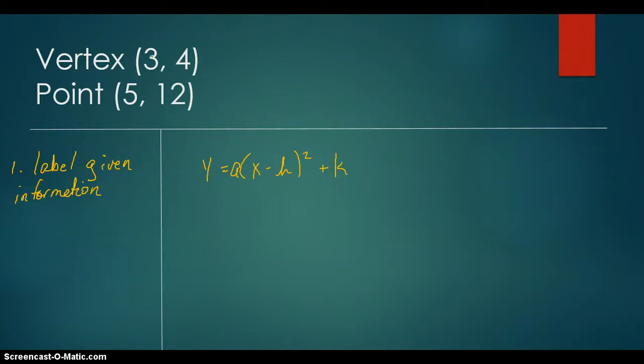So if I look up here in the vertex, this is h and this is k, and my point gives me x and y. So to label the given information, I'm going to say that h is 3, k is 4, x is 5, and y is 12. The vertex is h and k, and the point is x and y.